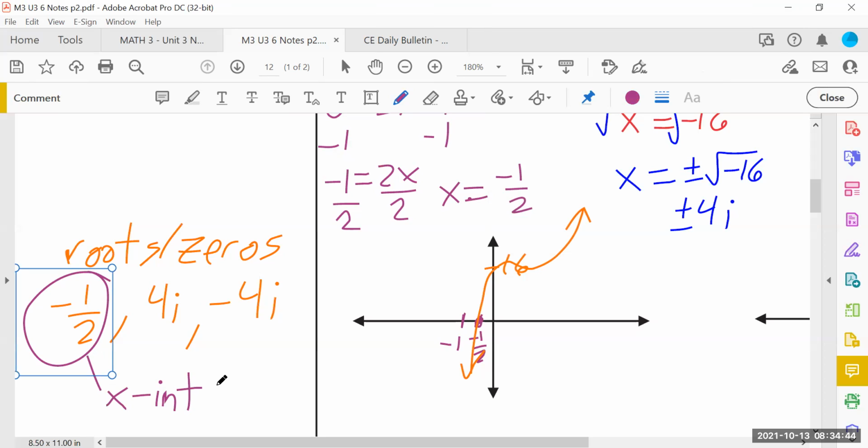Yes. So you're asking, like, so this one had imaginary numbers. Are you asking if my graph had imaginary numbers? Or what? So tell me your question one more time.